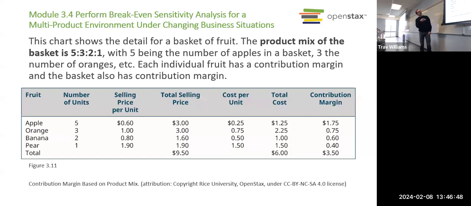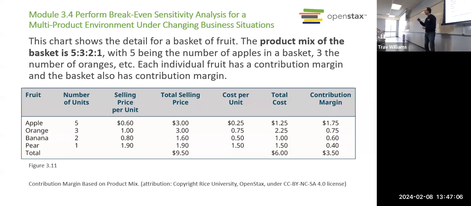So in this case, it literally is a basket. It's a fruit basket. And what this company sells in their fruit basket is 5 apples, 3 oranges, 2 bananas, and a pear. Okay. So every basket has that assortment of products.